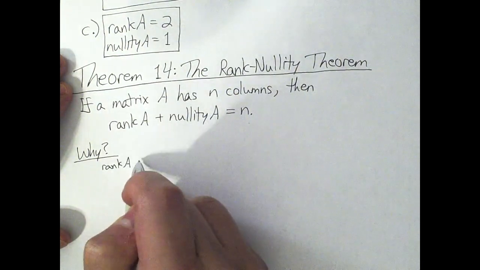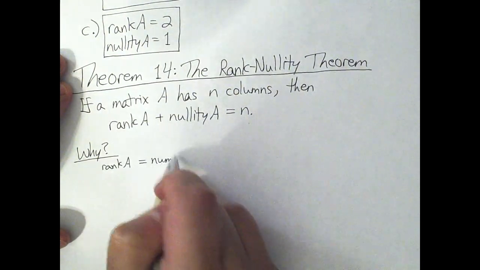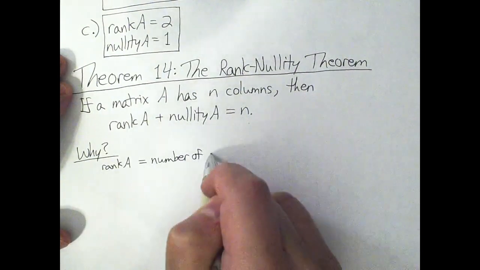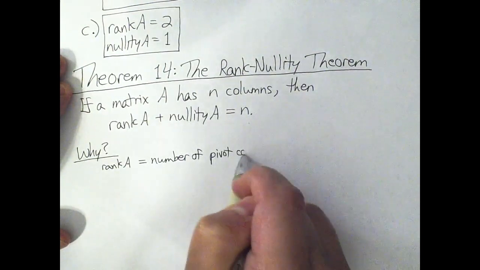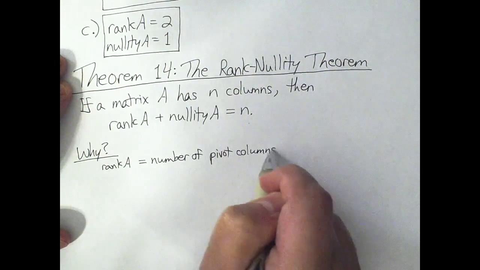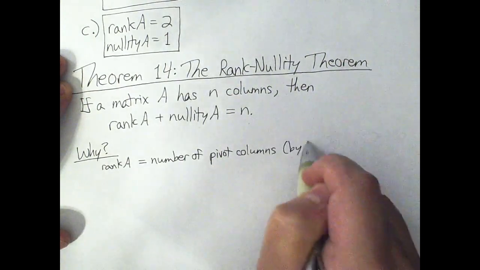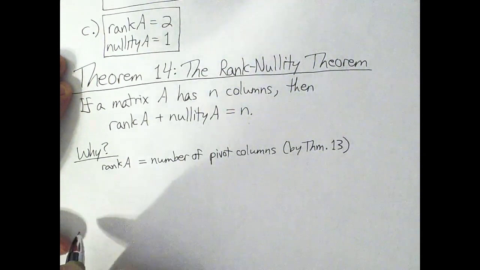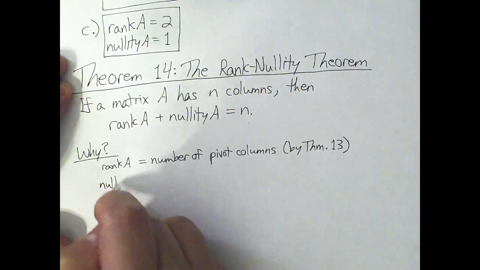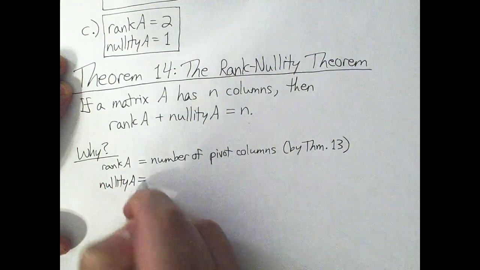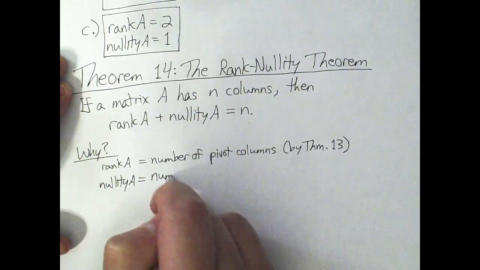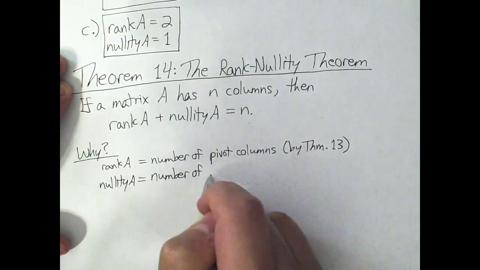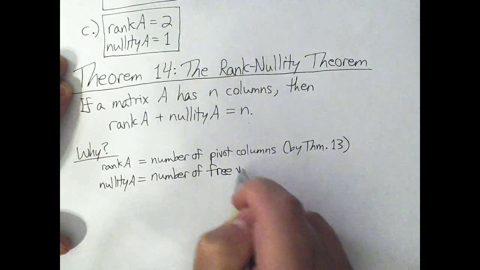The rank of A equals the number of pivot columns, and that's by theorem 13. The nullity of A equals the number of free variables.